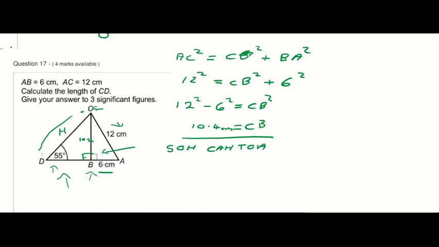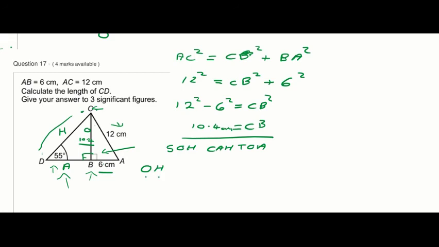That's the hypotenuse. There's the angle of 55, so CB is the opposite and DB is the adjacent. Now it's given me the opposite, 10.4, and it wants me to find out the hypotenuse.